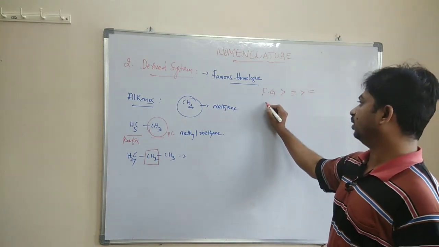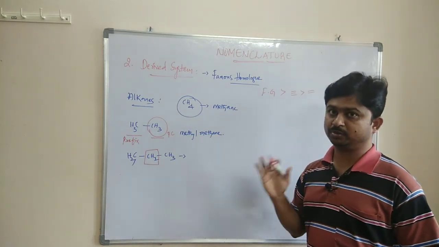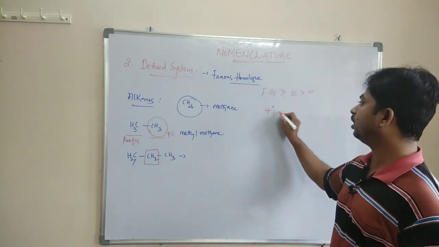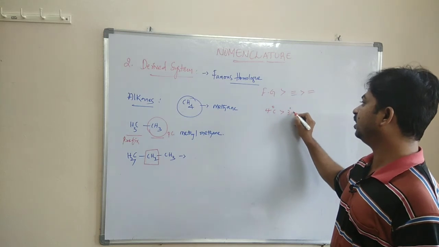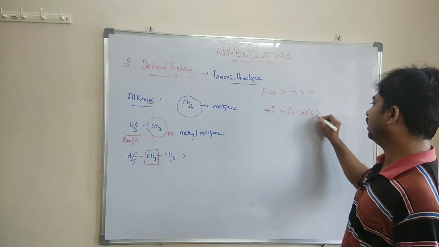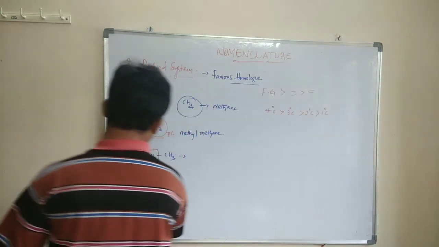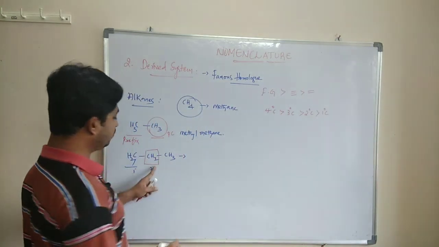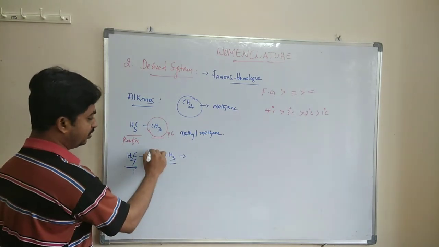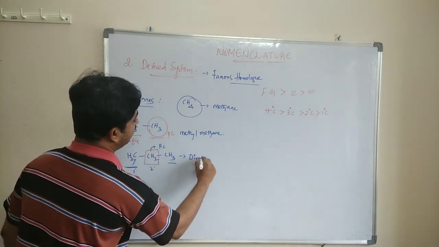Then if the given carbon chain doesn't have a functional group or multiple bond, and it has only carbon atoms, in that case the quaternary carbon gets the first priority over the tertiary carbon. Tertiary carbon gets priority over the secondary, and secondary gets priority over the primary. So here primary carbon and secondary carbon, so this one gets the priority. So these two become the prefixes, this one becomes the parent chain. Then we call it dimethyl.